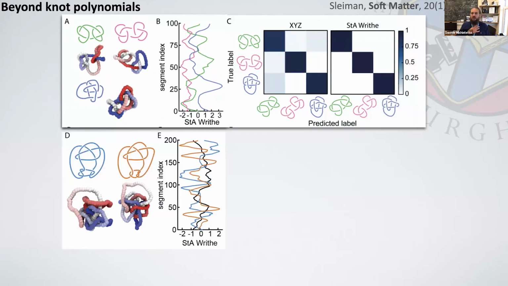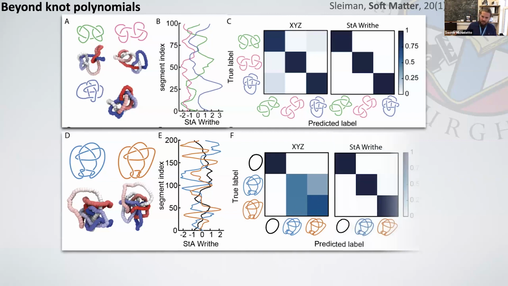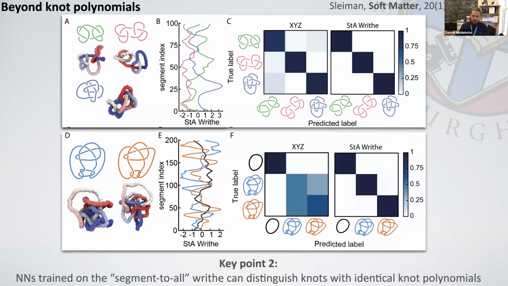More strikingly, we did the Conway and Kinoshita-Terasaka knots and the unknot, and these two are not distinguishable by the XYZ coordinates. The neural networks could not distinguish Conway and Kinoshita-Terasaka knots. But the STA writhe is, again, fully diagonal, 99.9%. So neural networks trained with this segment-to-all writhe can distinguish knots with identical knot polynomials.